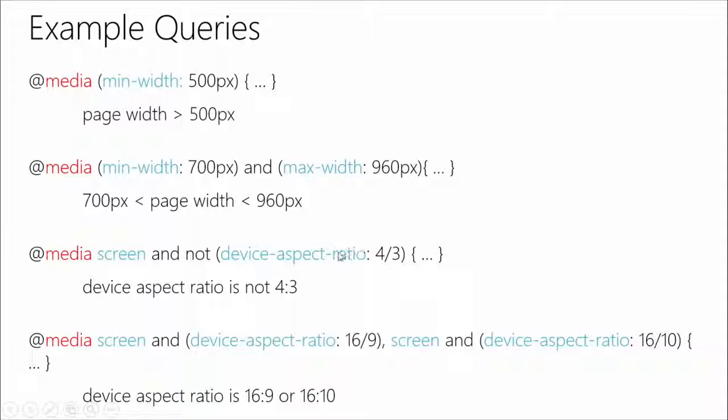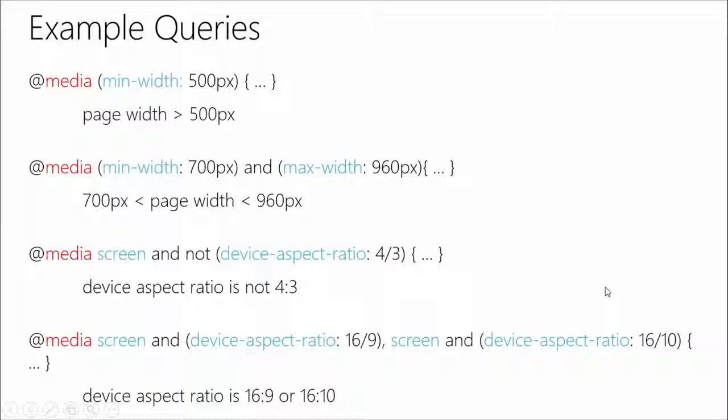Whereas the bottom one is media screen and device aspect ratio 16:9 and 16:10. That would query for these two aspect ratios, and it would apply only if the aspect ratio is 16:9 or 16:10, so widescreen devices. These are just some of the common queries you might consider using.